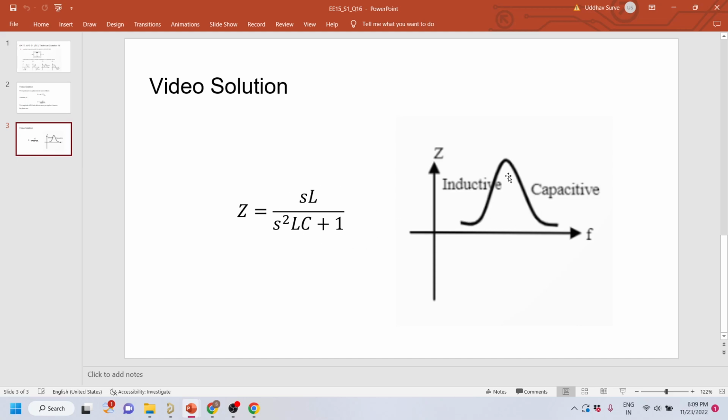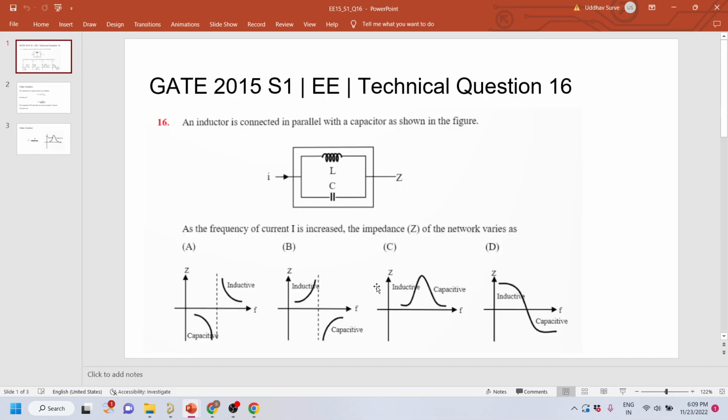However, at resonance, it will have some peak. The magnitude plot cannot go negative, but the phase can vary, negative or positive. If you strictly limit yourself to the magnitude plot, C is the answer.